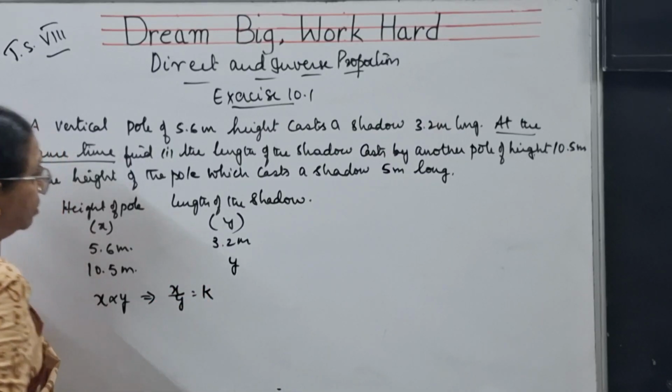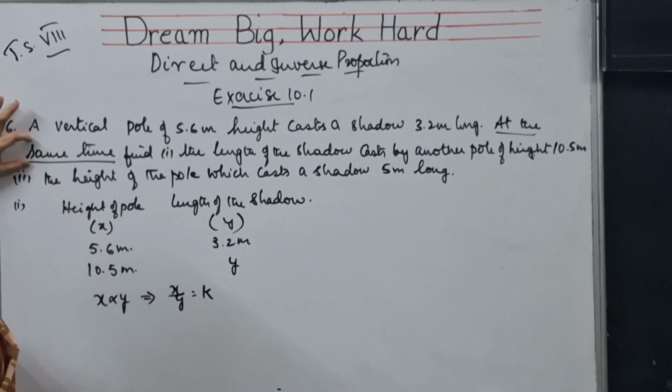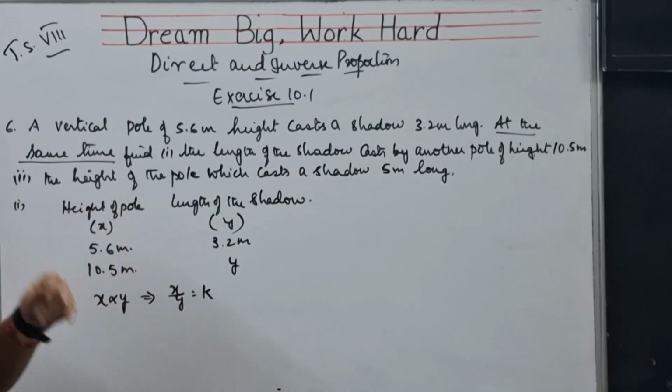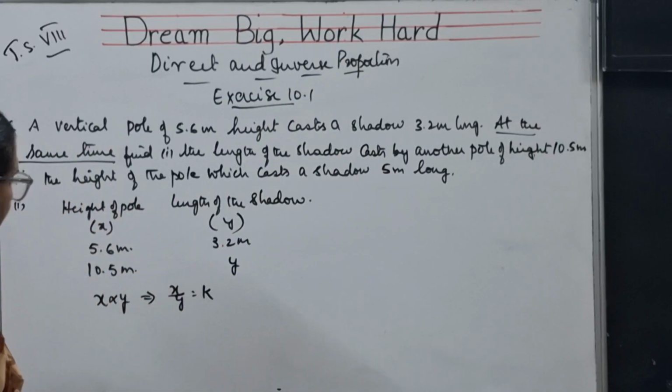So please remember this, children. Same time is the clause given, which gives you an indication that the shadows that are formed are directly proportional. If the time differs, definitely as the height of the sun goes up and up, our shadow becomes low, the length of the shadow reduces. So at that time we cannot consider them as a direct variation. But here, since he said that it is at the same time, we consider x is directly proportional to y. So x by y is constant.